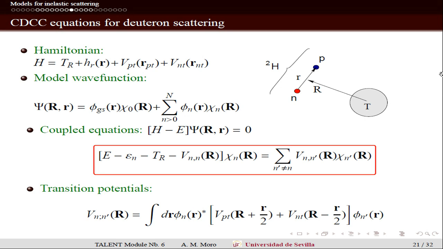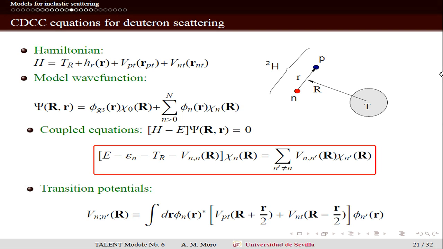The model wave function, remember, is expanded in the states of the projectile, in this case, of the deuteron. So this is where the discretization appears, the fact that we have a sum here and not an integral. At the beginning, we should write this as an integral over the continuum.